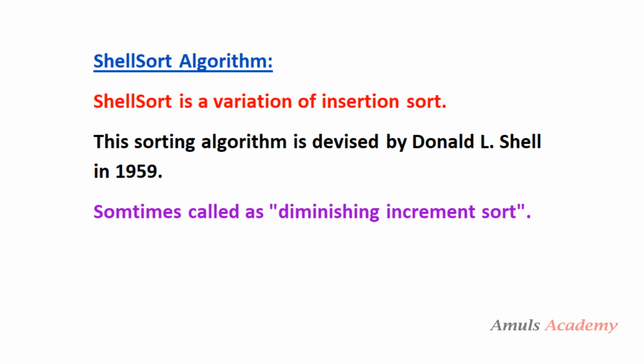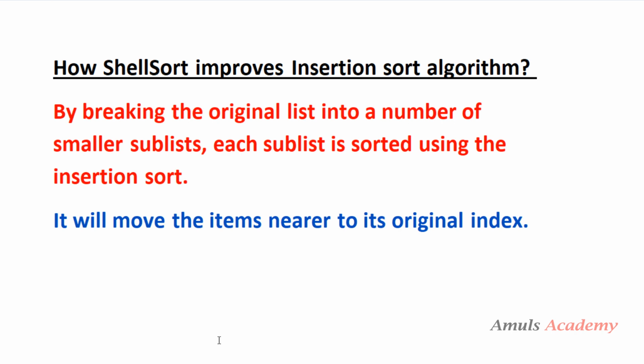This is a variation of the insertion sort algorithm, and it improves on it. If you ask how, insertion sort works efficiently on a smaller list, but it is not that good on a larger list. So Shellsort divides the original list into smaller sublists, then sorts each sublist using insertion sort. As I said, insertion sort works efficiently on a smaller list.